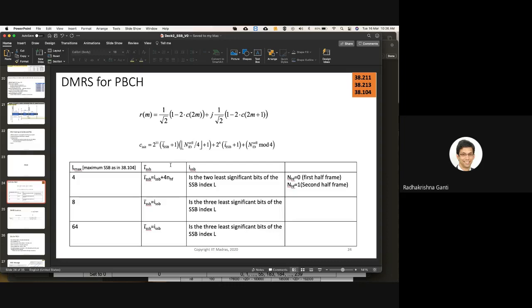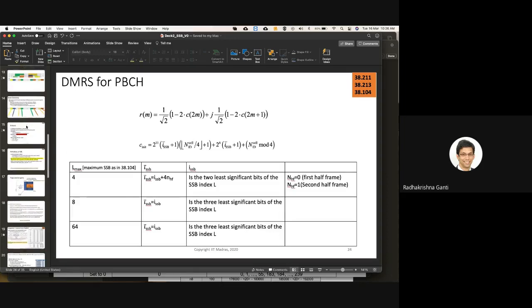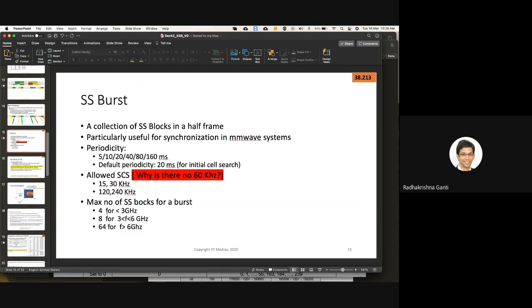If you look at L, this is the maximum L that is possible. For less than 3 gigahertz, you require only 2 bits. For 3 to 6 gigahertz, you require 3 bits to indicate which L you locked on to. And for greater than 6 gigahertz, you require 6 bits. Does it make sense?